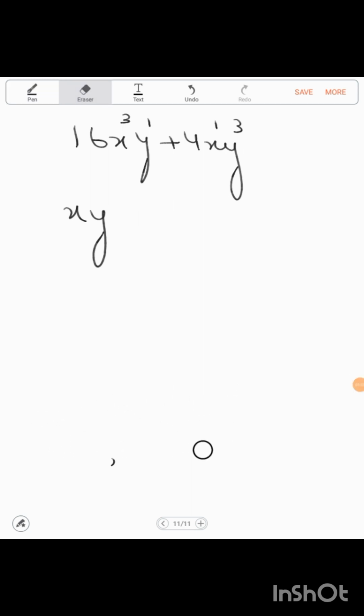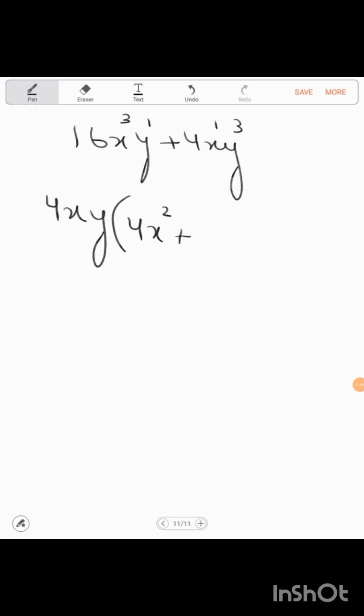Okay, let me erase it out. So we have taken 4 outside the bracket as common. So what is left inside the bracket for the first term? 4 times 4 is 16. If you have taken 1x outside, out of x cube you are left with just x square, and you took one y outside, so you are left with no y inside the brackets for the first term.